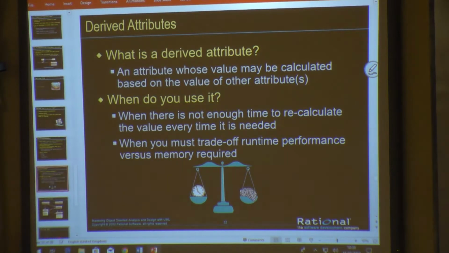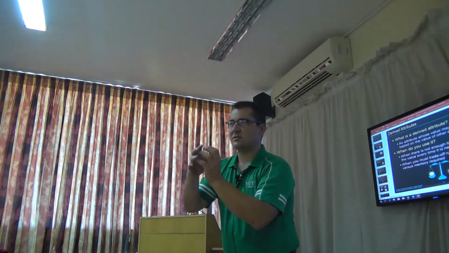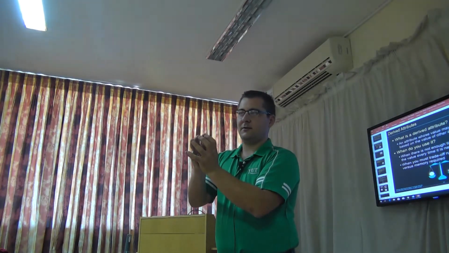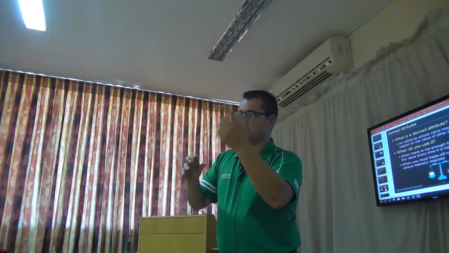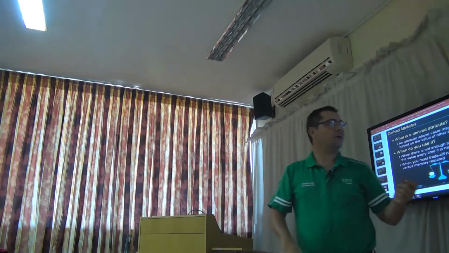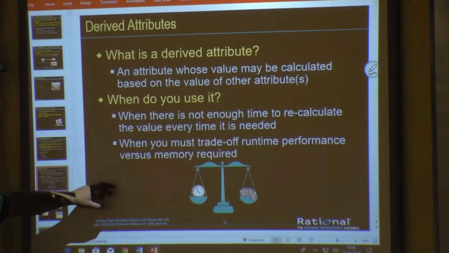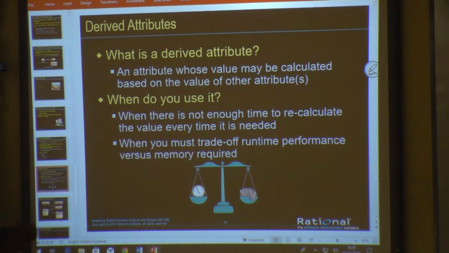Okay, when will we use derived attributes? When there is not enough time to recalculate the value every time it's going to be used. That means that if it's so complex to be calculated every time that it's going to be used, we might possibly store the actual value. So we need to look at a trade-off between the runtime performance versus the actual memory required to calculate this value.